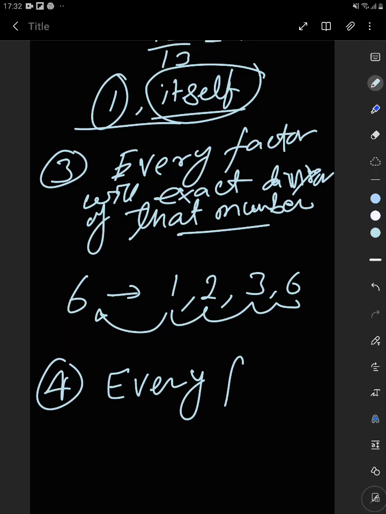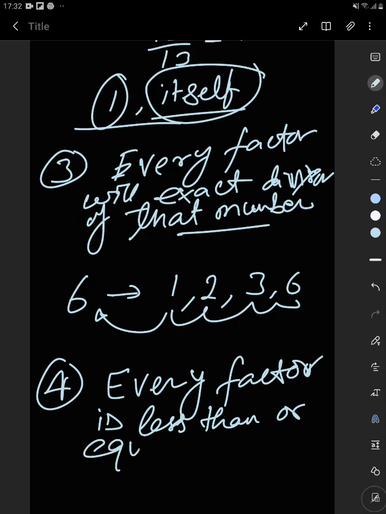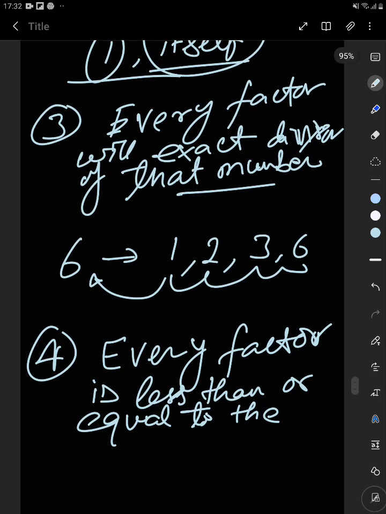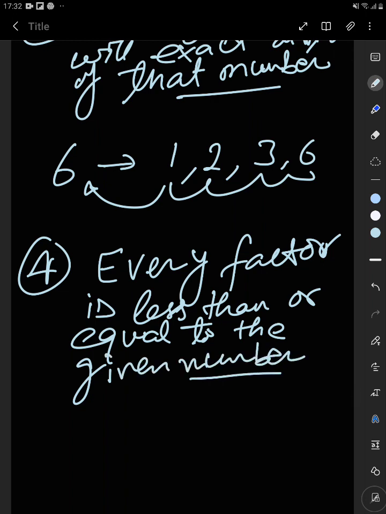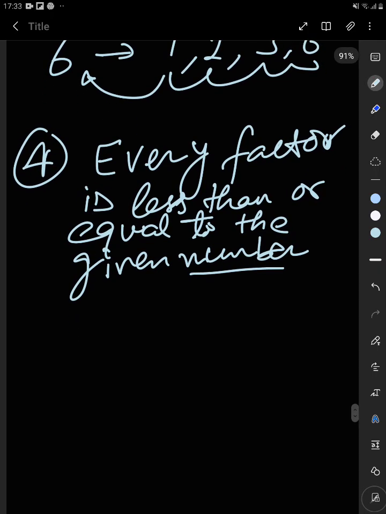Any number that it is talking about, we have taken the example as 6. So what they are saying is that no factor of this number can be greater than 6.